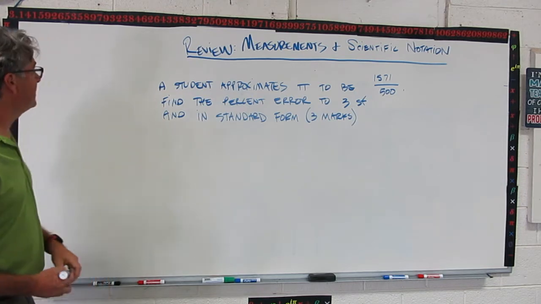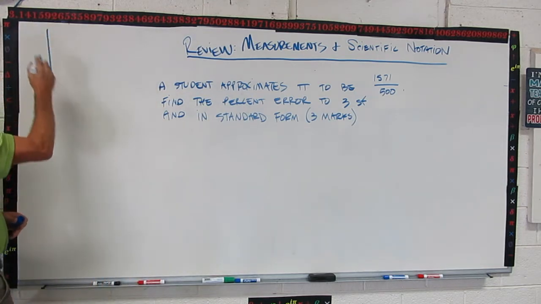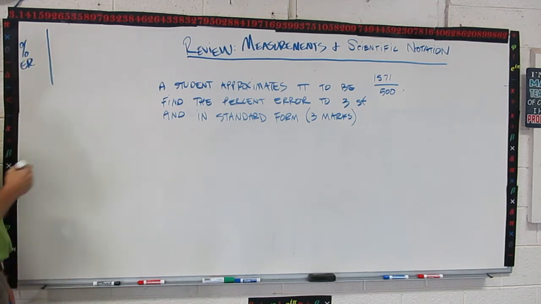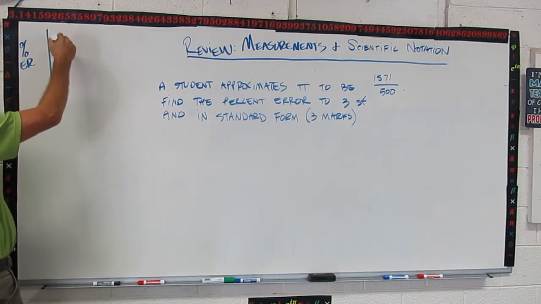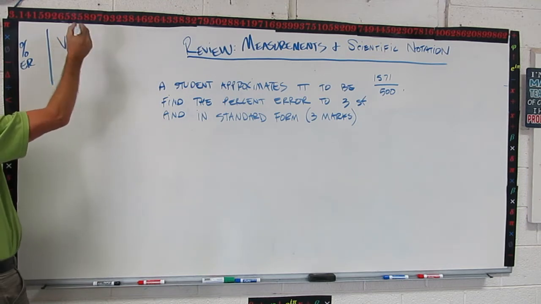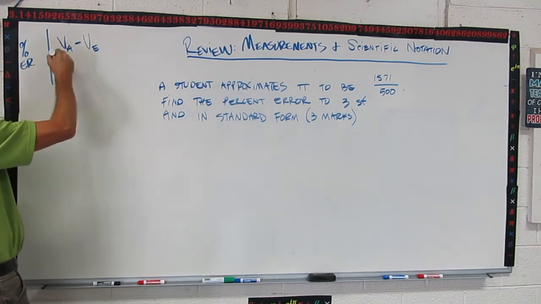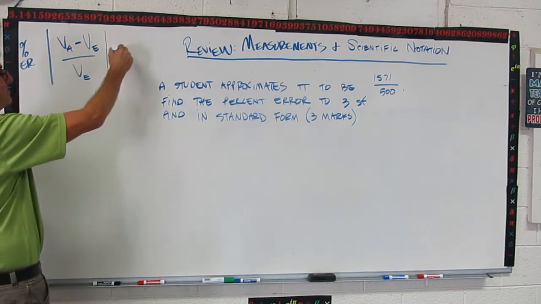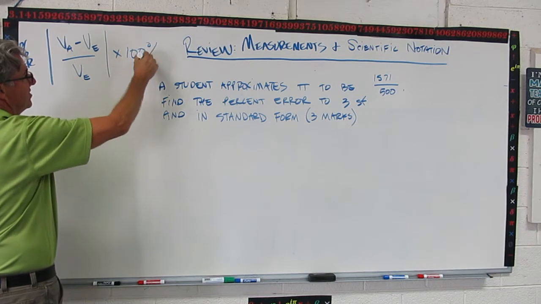Okay, I'm going to put that formula up here, and that was percent error. Let's write percent error is the absolute value of the approximate measurement, the value of the approximate minus the value of the exact, over the value of the exact, close my absolute values, times 100%.